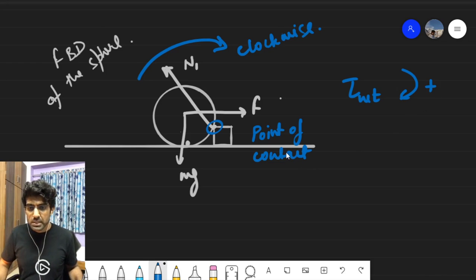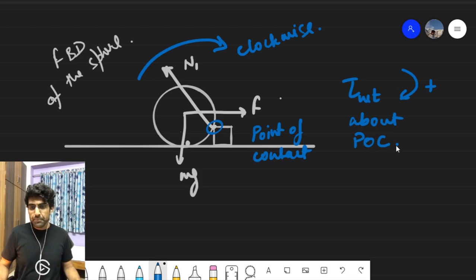So what are the forces that are producing the net torque? Also this torque is about the point of contact. There are two forces that are creating this net torque about the point of contact. One of them is F and the other one is mg.